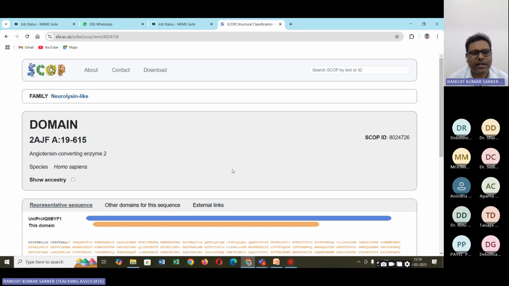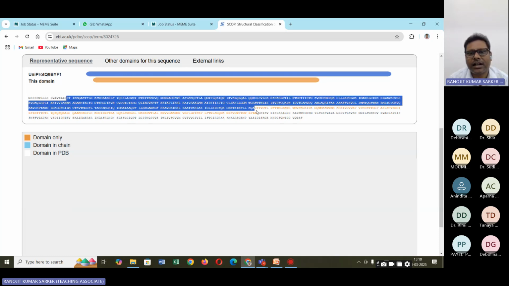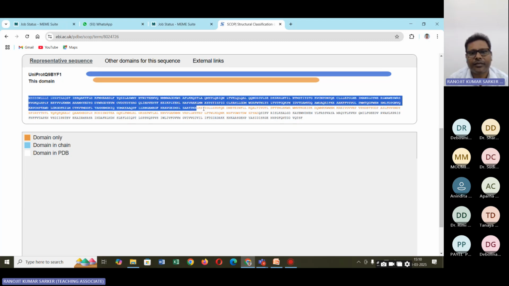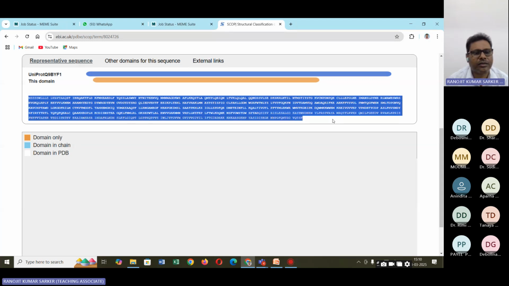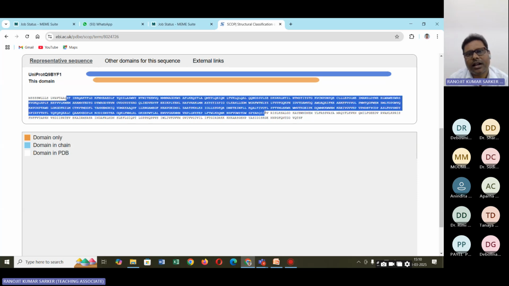Now you see the domain. These are the positions in the sequence, and you can see this is marked. This is the domain region. This is the whole sequence of this protein, the sequence of 2AJF, and this is the domain. Now you know the significance of the domain. We already discussed domain structure: domains are very important for function.